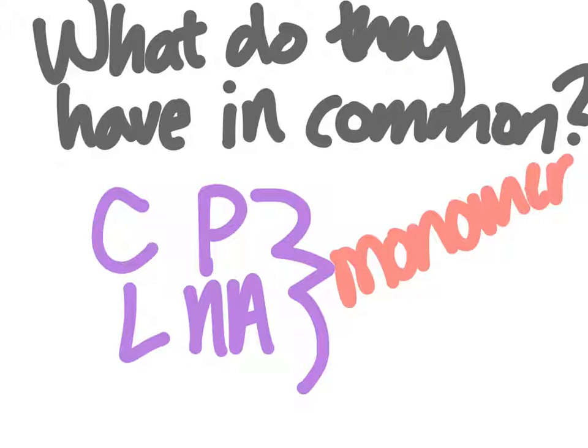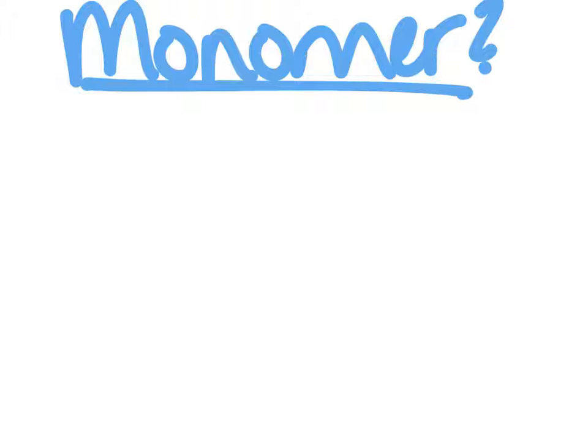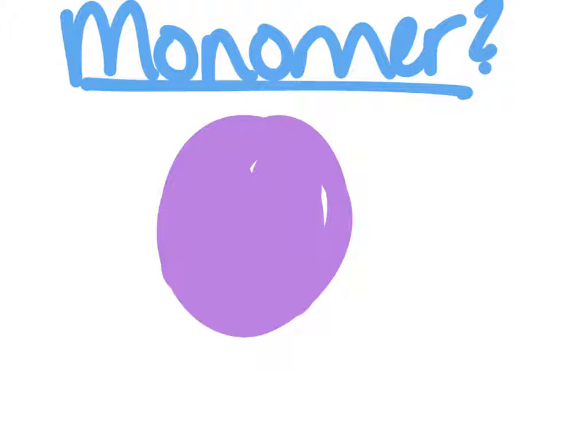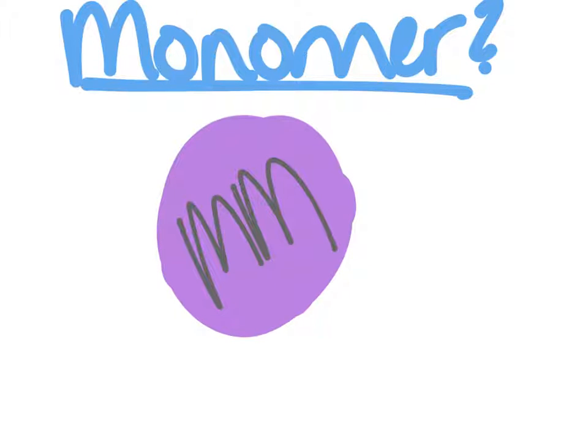So you might be thinking, what exactly is a monomer? Well, monomers are just small subunits that join together to become one giant macromolecule. We may even sometimes call this a polymer.